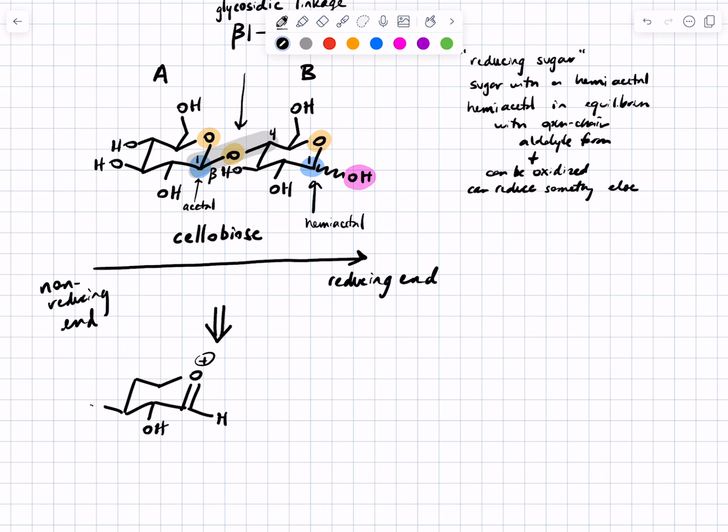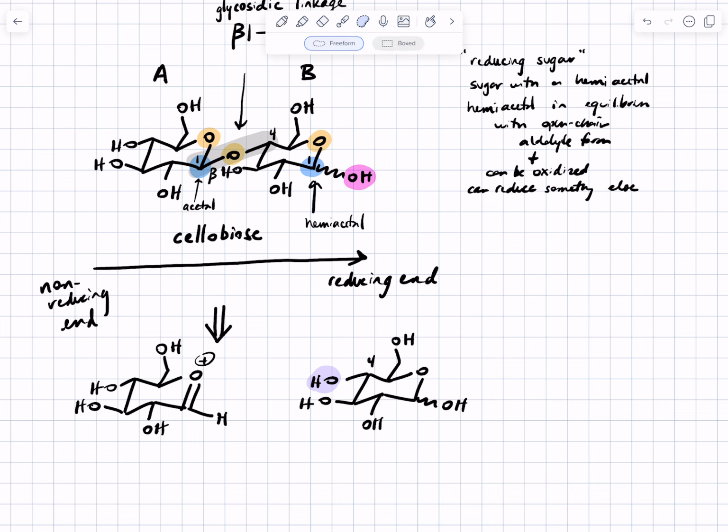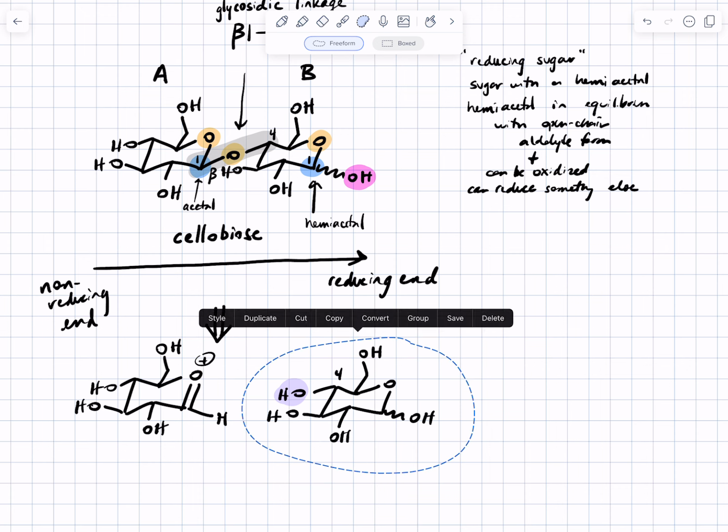This is the oxocarbenium ion of glucose. This is just an intermediate taken from acetal formation above. And then you would need a nucleophile to attack that oxocarbenium ion. And you want that nucleophile to be this C4 hydroxyl. If you were doing this in the lab, what problems do you foresee?